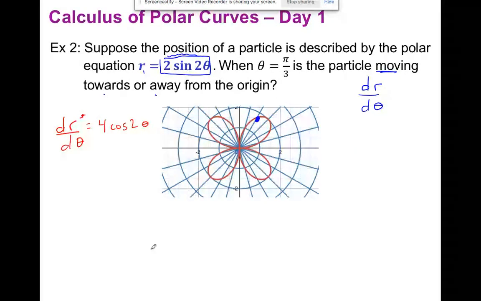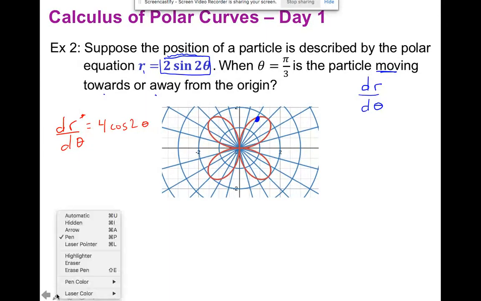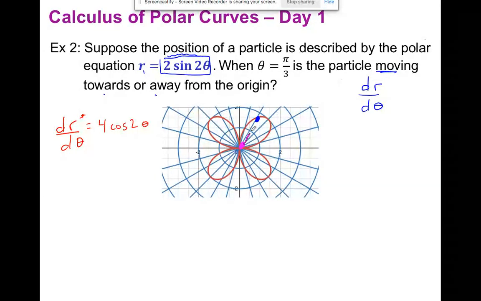If you understand how you're, again, you don't need to understand a whole bunch, but when you graph, here's the radius to that point. There's the radius after I rotate pi over 3 radians with this length of a radius.